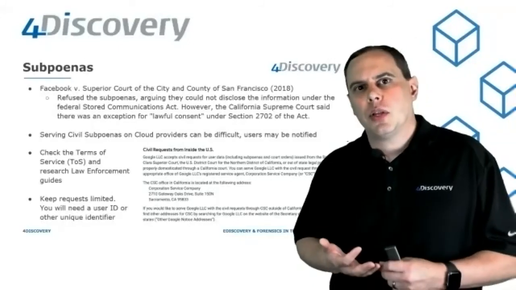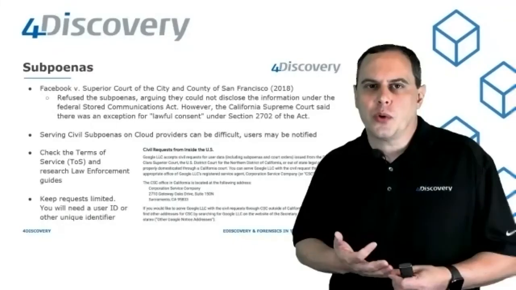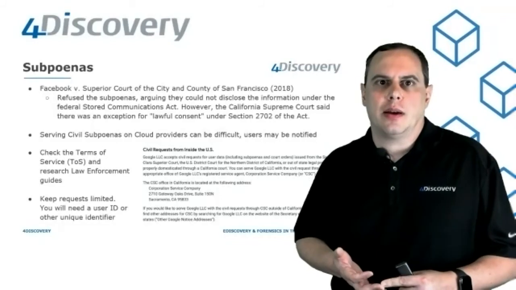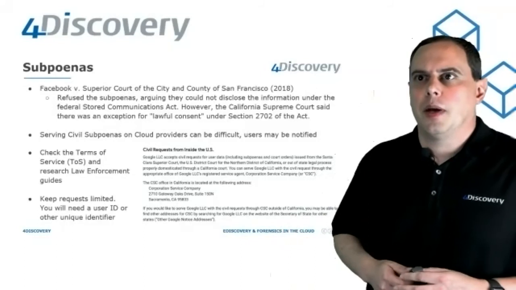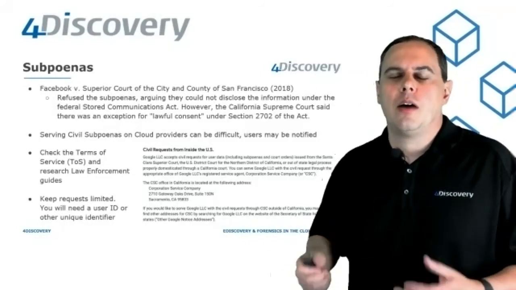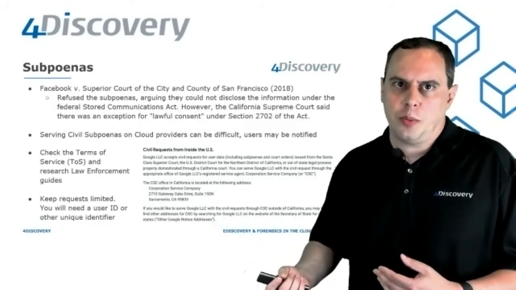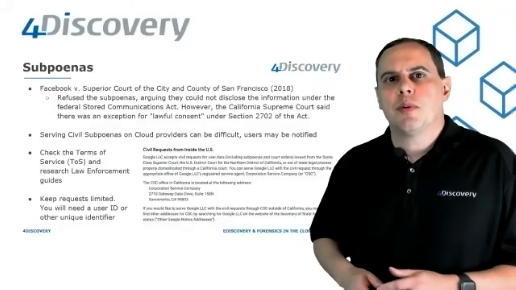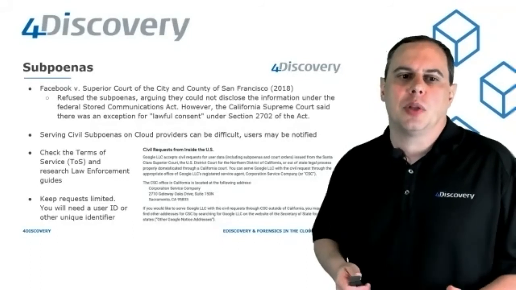A lot of cloud service providers will have a law enforcement guide, which will include some email addresses and some phone numbers and fax numbers in there. And they'll typically only respond from a domain name that has a law enforcement address in there. But oftentimes those guides will be a help, or if it comes from a law firm domain, they'll at least provide some information as to how they expect to get subpoenas and sometimes even sample language.